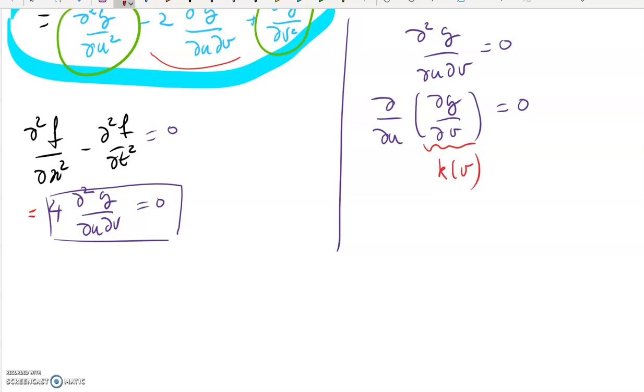So my equation has become that dg over dv, where g is again a function of u and v, was equal to only a function of v. So let's do what comes next. Just integrate that again. We should integrate with respect to v this thing.